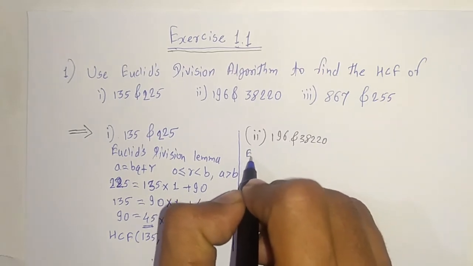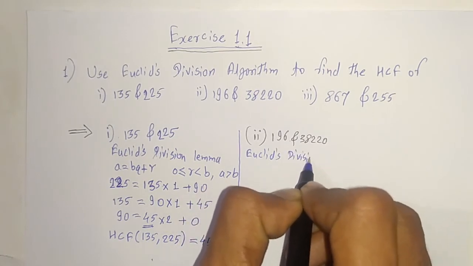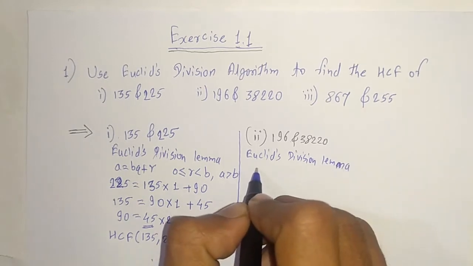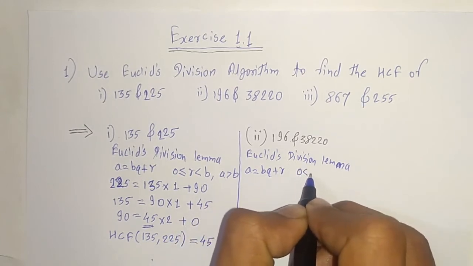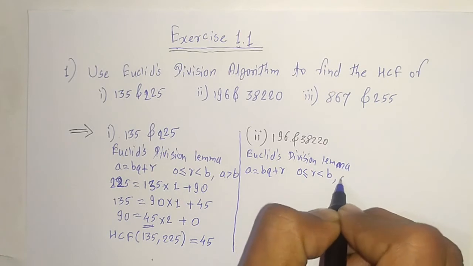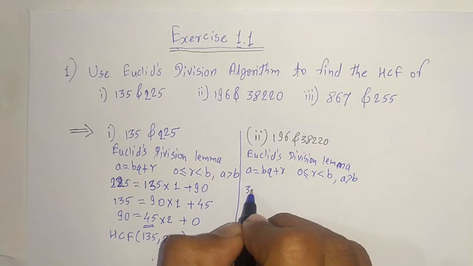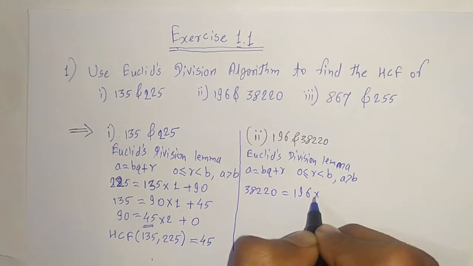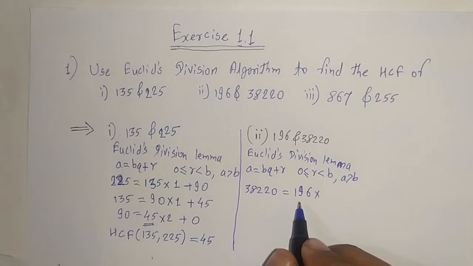Okay, apply Euclid's division lemma. A equal to BQ plus R, 0 less than equal to R less than B. A should be greater than B. So 38,220 will be our A. Value of B will be 196. What will be the remainder? You have to find out the remainder by trial and error method.